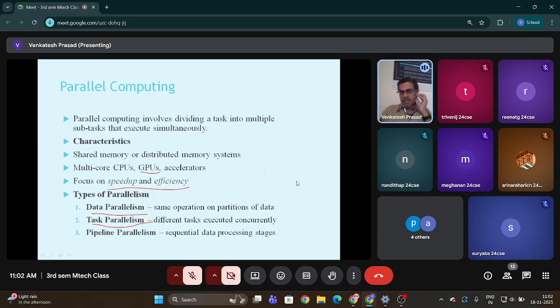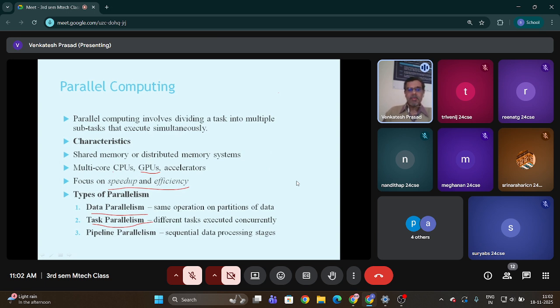In the second case, various types of tasks can be run in parallel. It's like threads in an operating system. Each thread can run a particular task. So for task parallelism, you need parallel computing, for which you need hardware support as well.